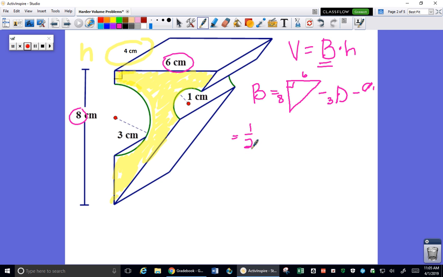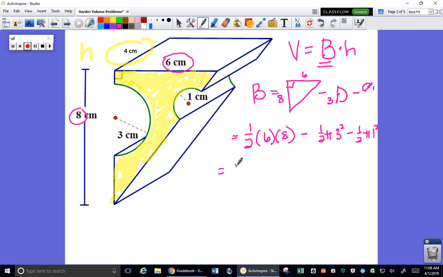So 1/2 of base times height for my triangle minus half of pi radius squared minus half of pi radius squared. So this one has a radius of 3. This one has a radius of 1. I am taking half of them because they are semicircles, not circles.